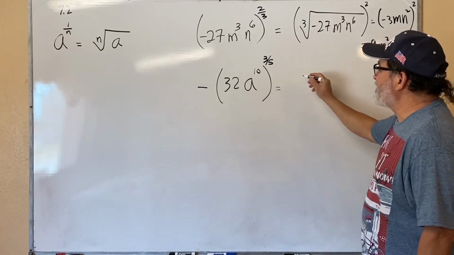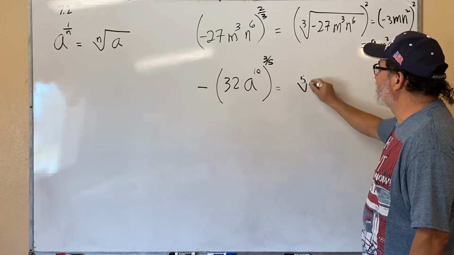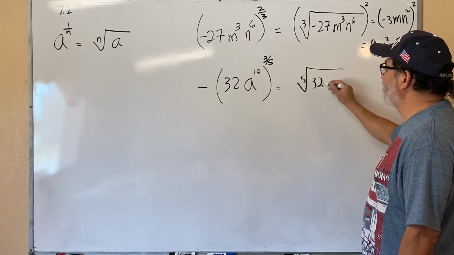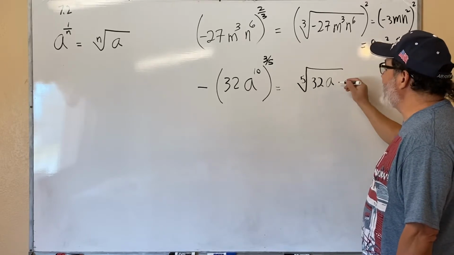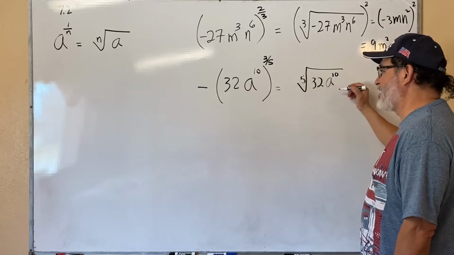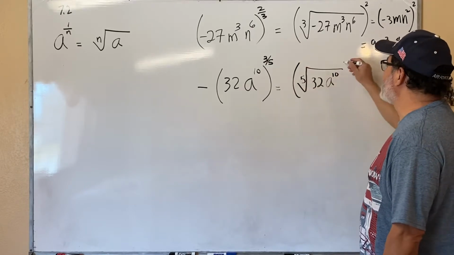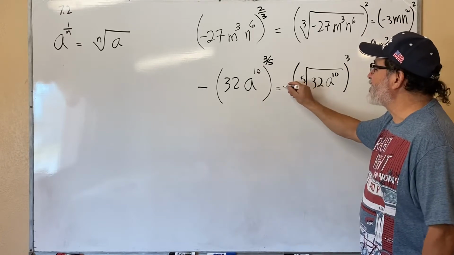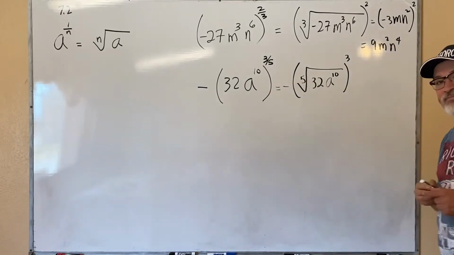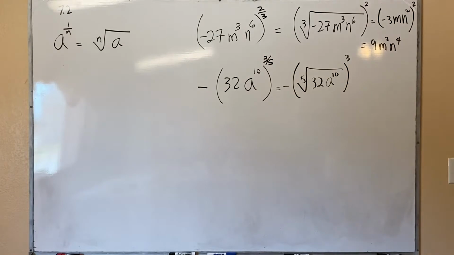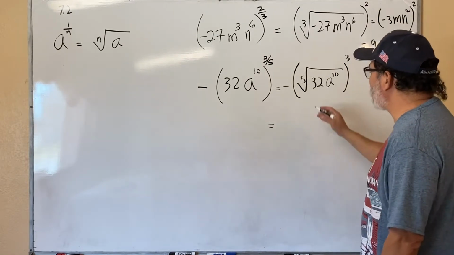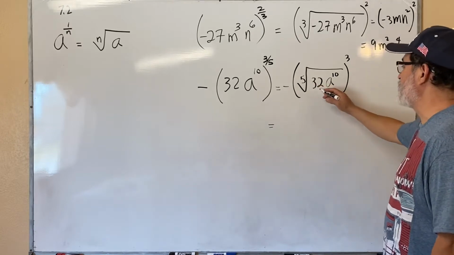We'll say the 5th root of 32 a to the 10th raised to the 3rd, and then now write the negative outside. So now let's take care of the 5th root of 32, which is 2.